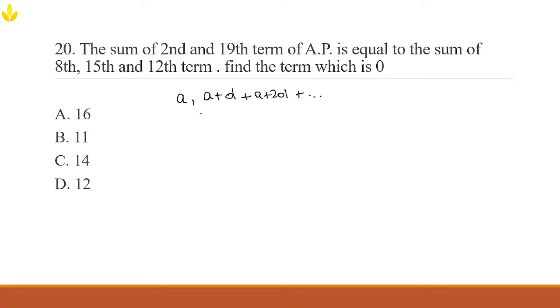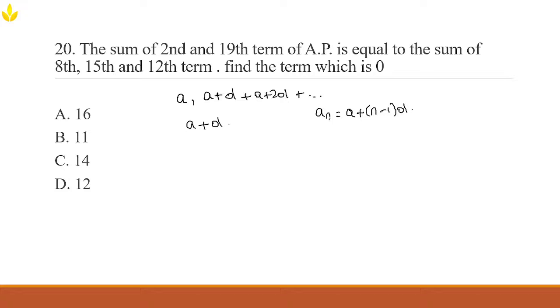So the second term value is a plus d. The nth term is a_n equal to a plus n minus 1 into d.